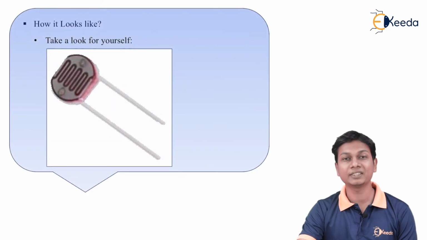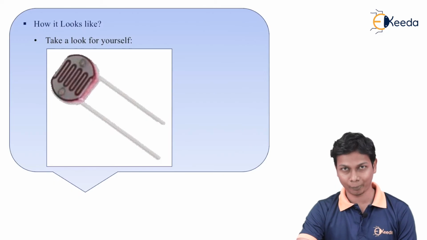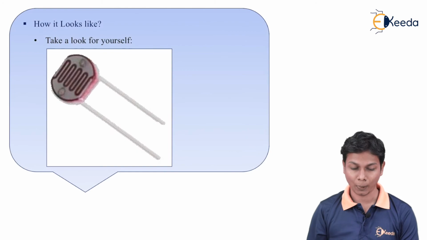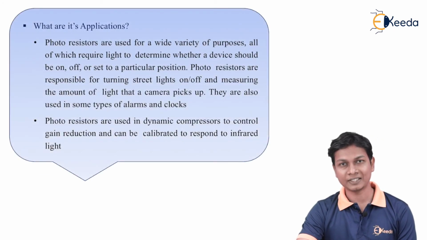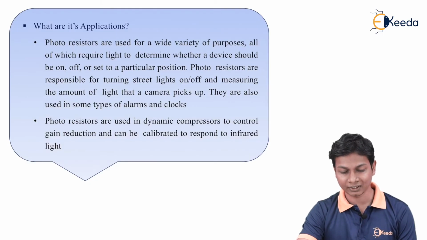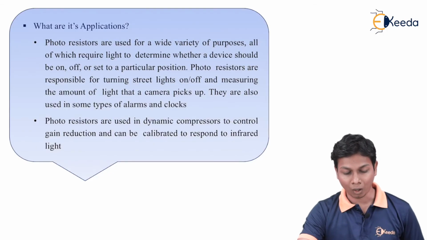Now this is the picture of an LDR, the light dependent resistor, or you can say photoresistor. What is the application of this LDR? Photoresistors are used widely for various purposes. They require light to determine whether a device should be on, off, or set to a particular position.